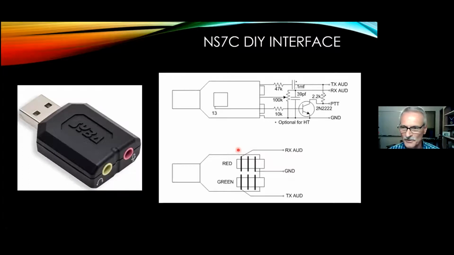It's not even worth taking them off. So here's, again, our receive audio signal. We've got ground here. We've got our transmit audio signal. This is the speaker output of the green connector. This is the red connector, or the microphone input connector. And all we have to do then is add this additional line inside of here.